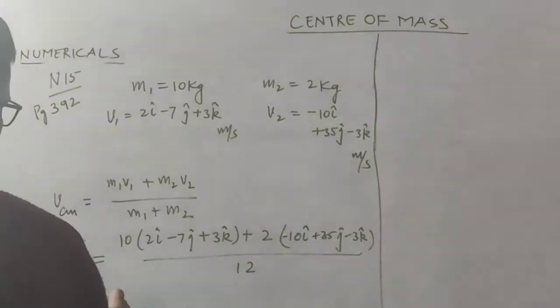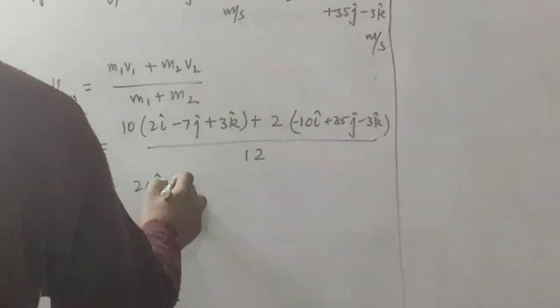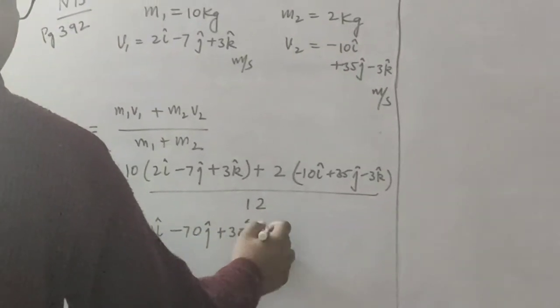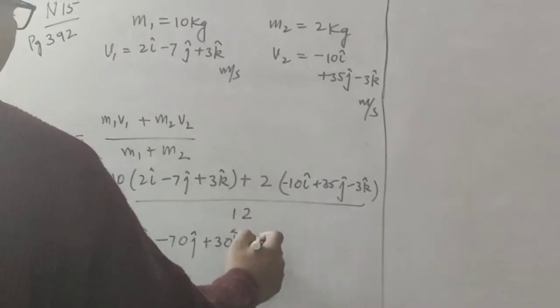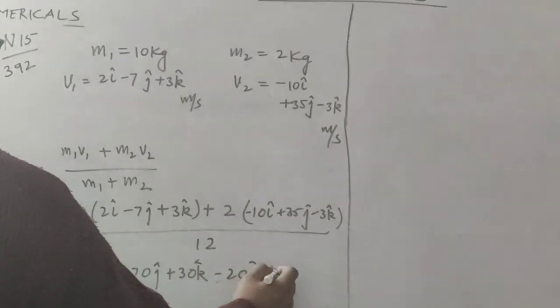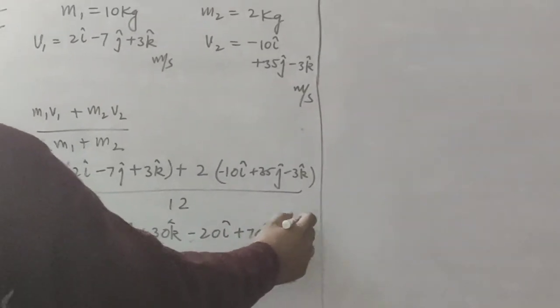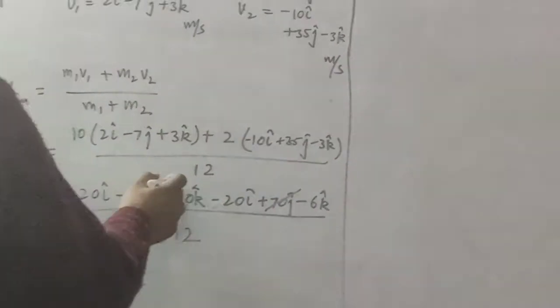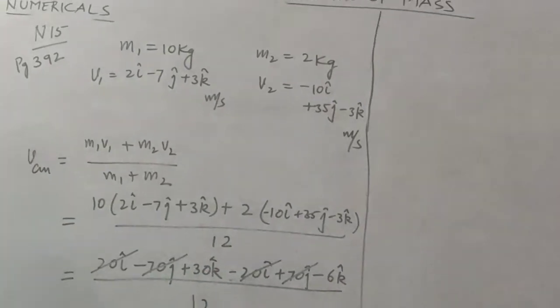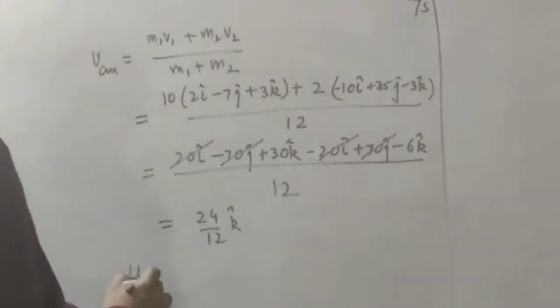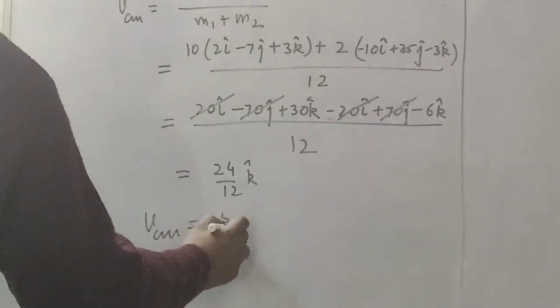Now, on further solving, 20 i cap minus 70 j cap plus 30 k cap, then it is minus 20 i cap plus 70 j cap minus 6 k cap, upon 12. So this you can see is cancelling out. You are left with 24 by 12 k cap. So velocity of center of mass here is 2 k cap.